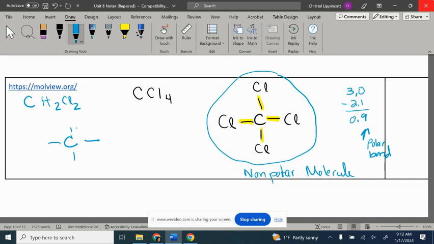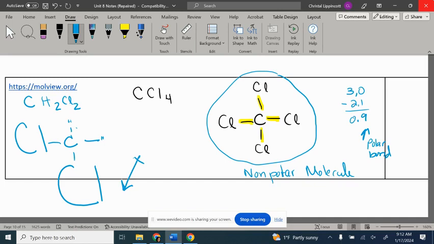How many? 17. Chlorine is sitting here like this, 17 electrons, and hydrogen has its 1. Do you see all of a sudden where you've got a huge concentration of electrons on one side versus the other? This is going to be a polar molecule, where this has that concentration of electrons.